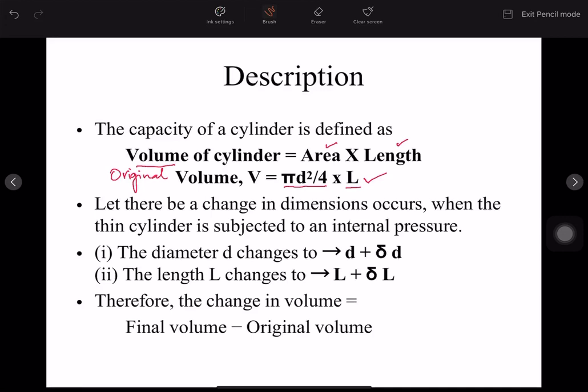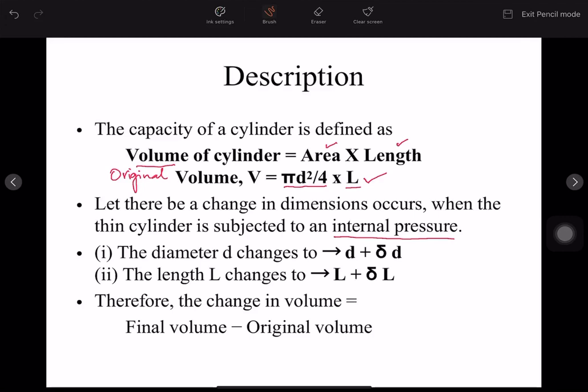From this, what will be the changes after undergoing certain strains? Let there be a change in dimensions when the thin cylinder is subjected to an internal pressure.